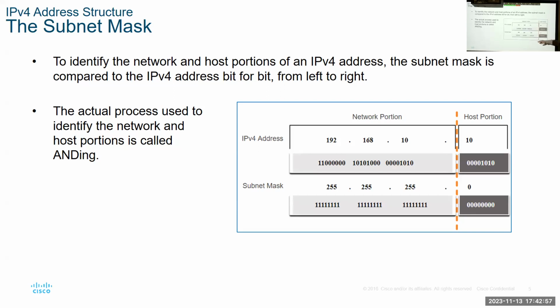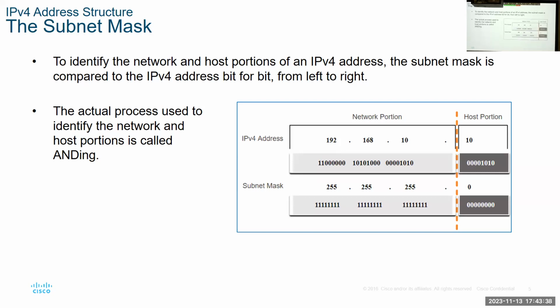So what it does is it takes the binary of the subnet mask and the binary of the IP address for each octet and does a binary AND. When that process is done, out falls the network ID. In this particular case, you'll get 192.168.10, and since ANDing anything with all zeros is going to yield 0, .0 will end up being the fourth octet, which means it's the network ID.